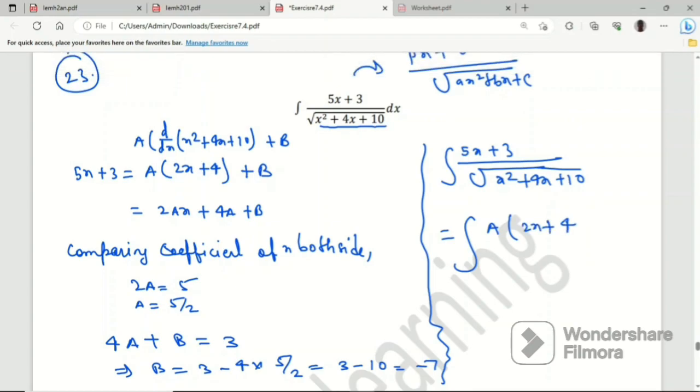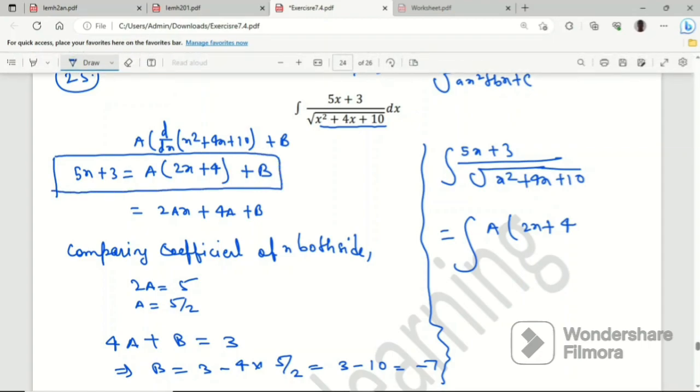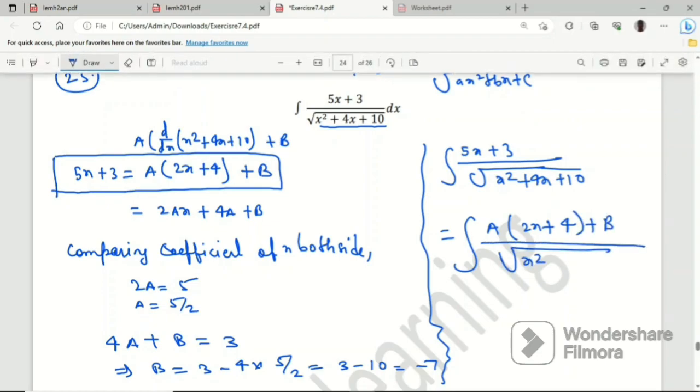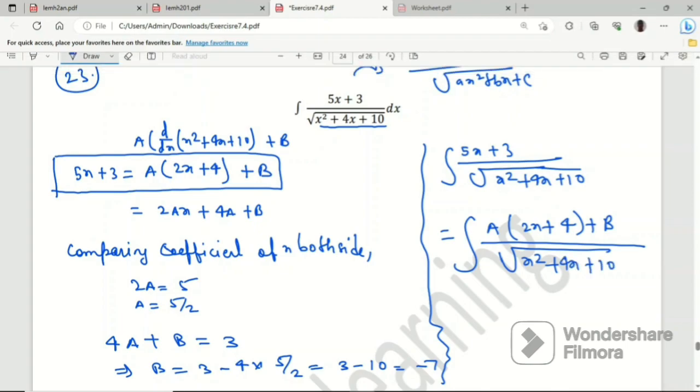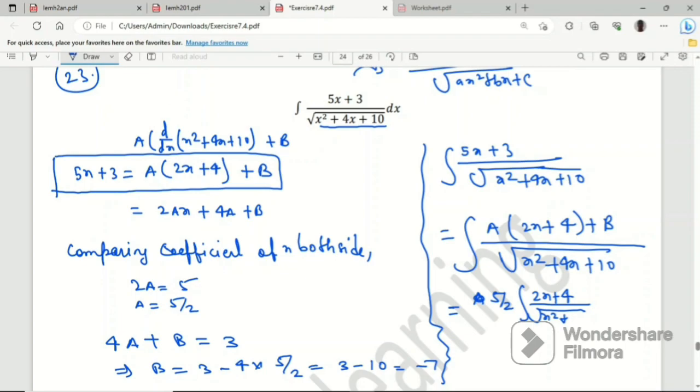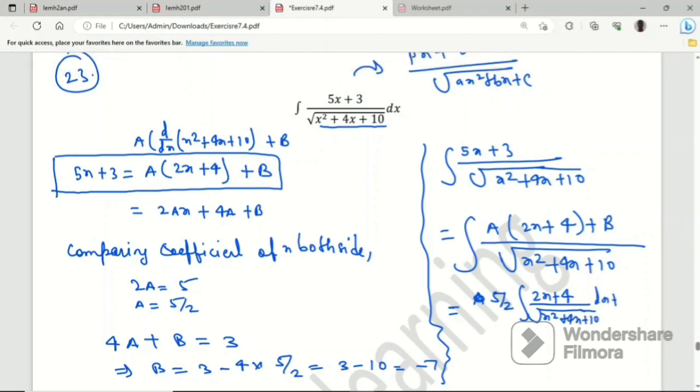You have to substitute it with this, the very first thing that you write after differentiating the quadratic equation, plus b, under root x square plus 4x plus 10. So now you can break this integration into two parts. It will be a, just put the value of a at first: 5 upon 2, (2x plus 4) upon under root (x square plus 4x plus 10) dx, plus the value of b is minus 7.